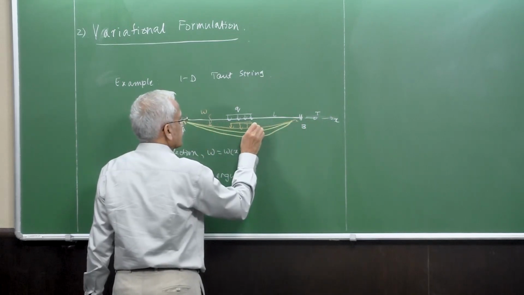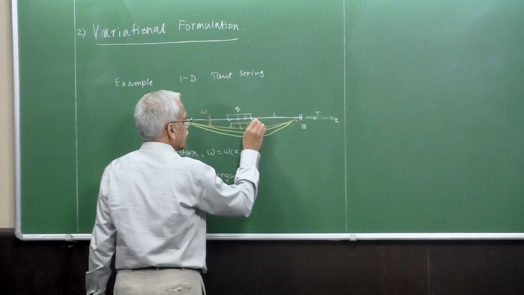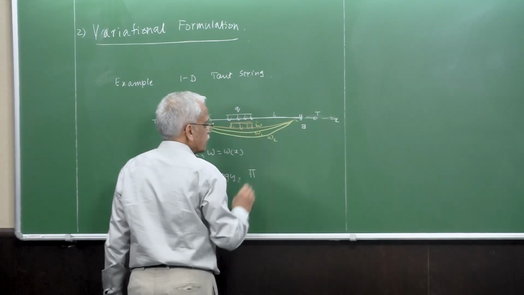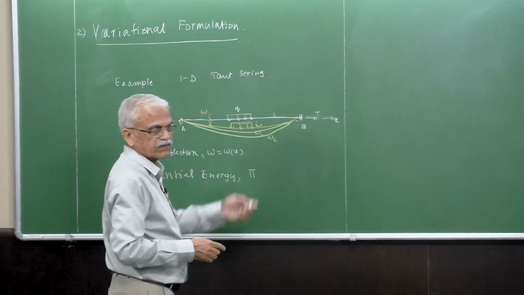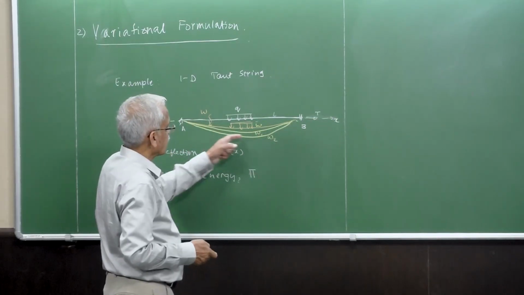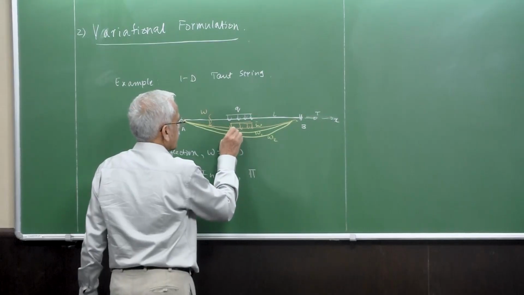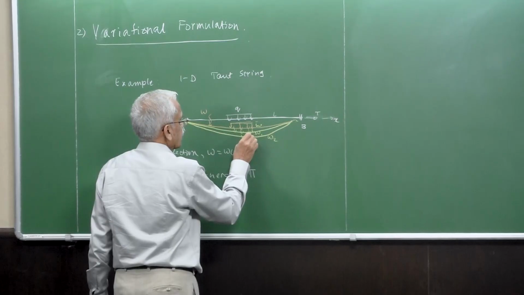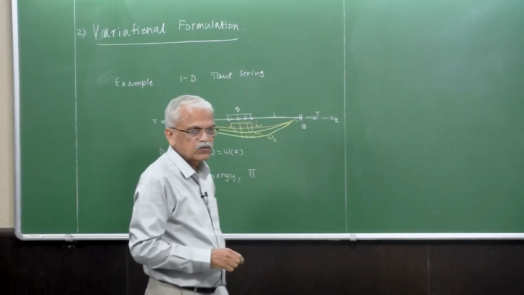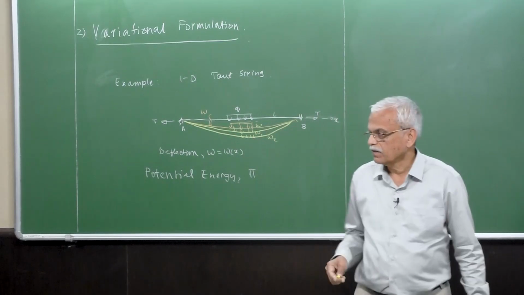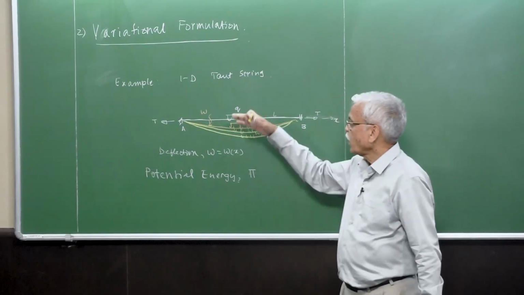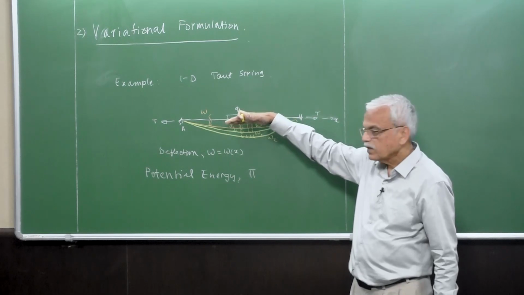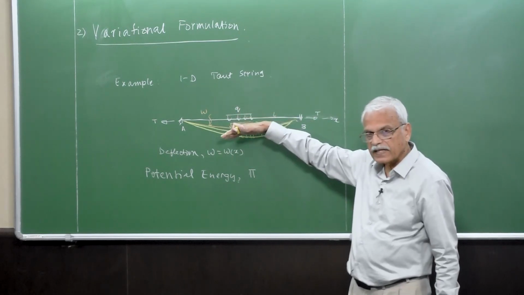If this is the actual solution, W bar, and this is W1 and W2, all these are of course functions of X. For W1 and W2, each configuration is associated with a certain potential energy. What is that potential energy due to? One is the load which is being applied laterally, moving through different vertical deflections.